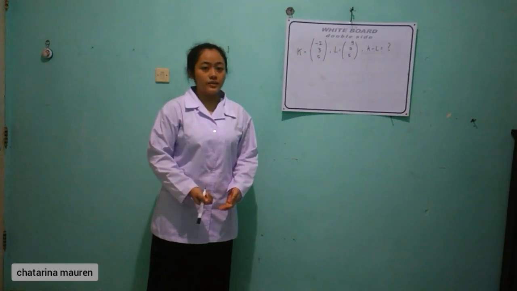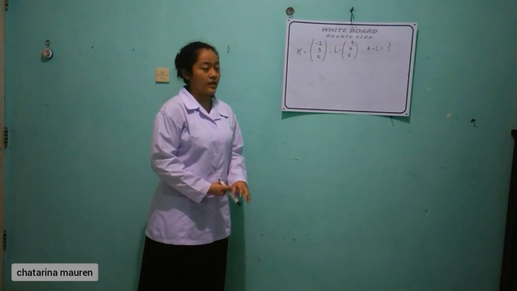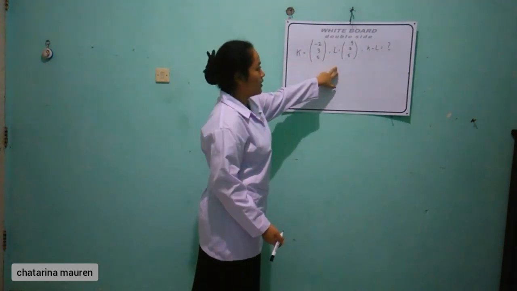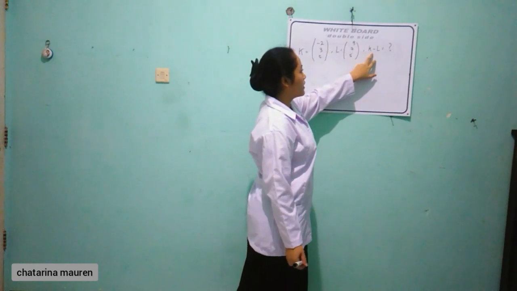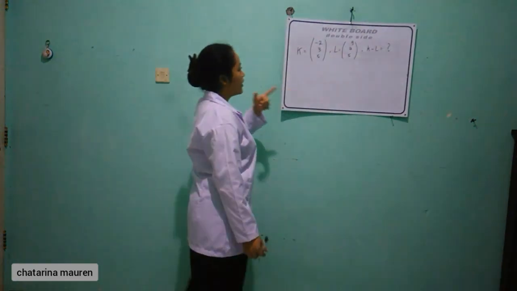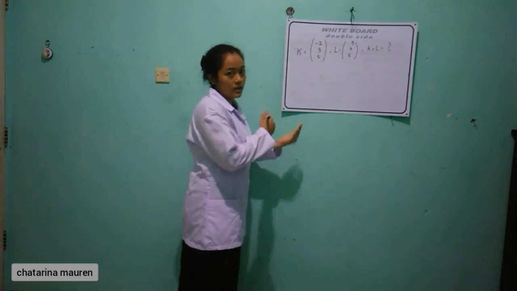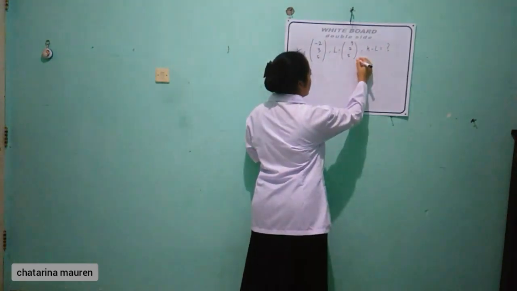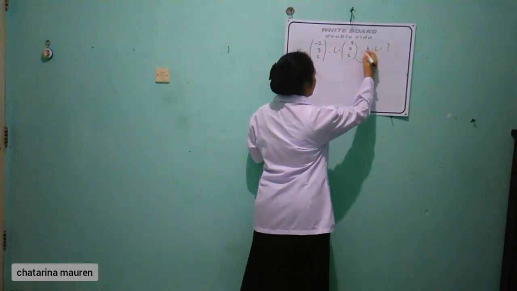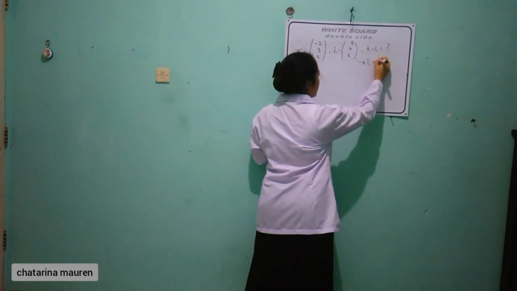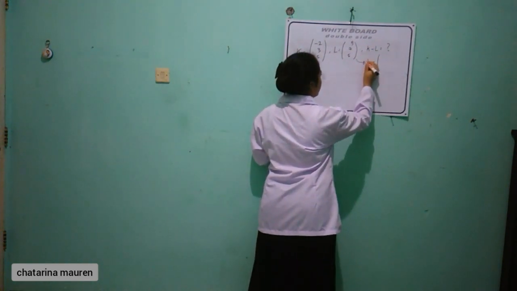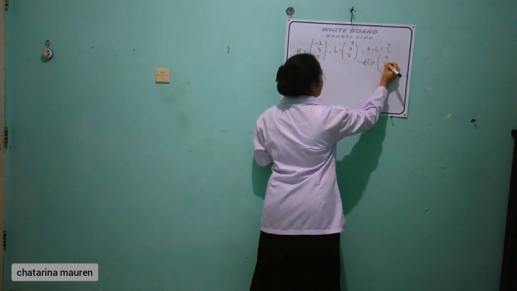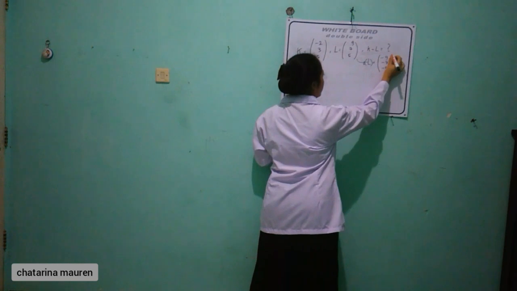If you're done making notes, we go to the next example. Here, we have matrix K and L, and we determine K minus L. Here, we can use the concept before, so we make the operation of matrix L. Negative L is negative 9, negative 7, negative 5.